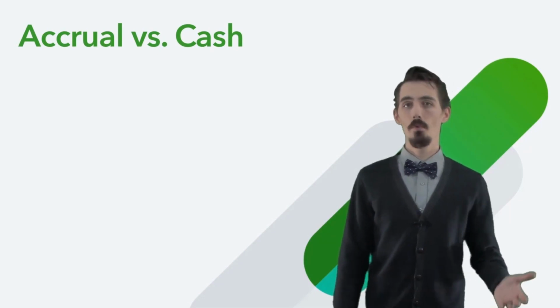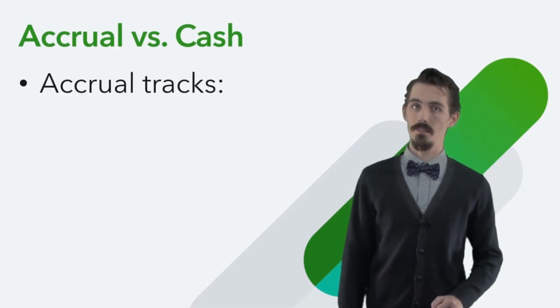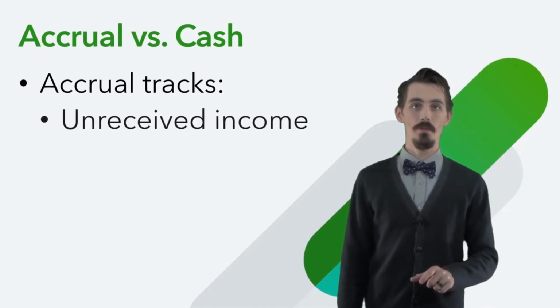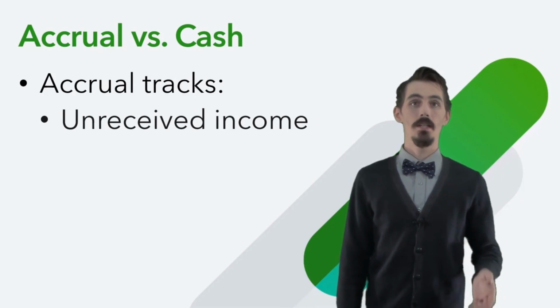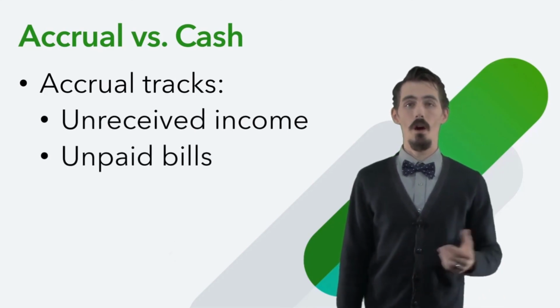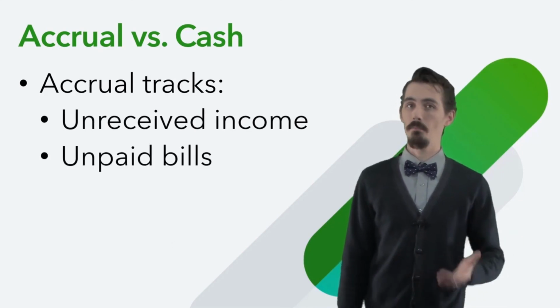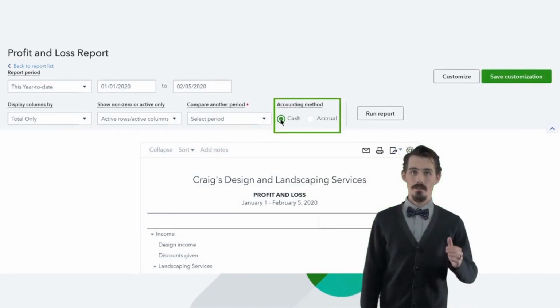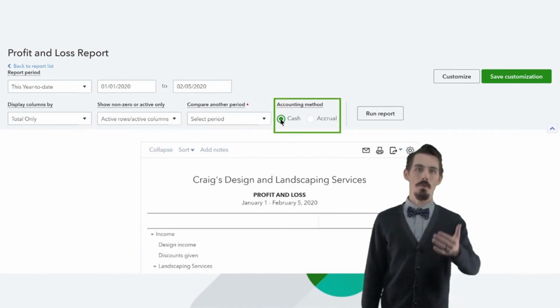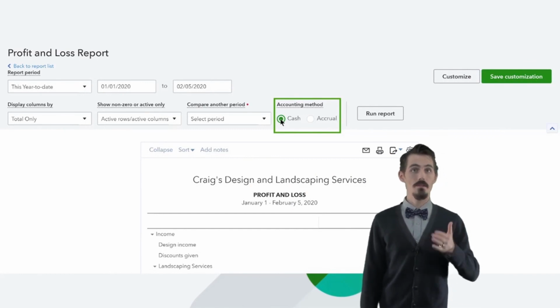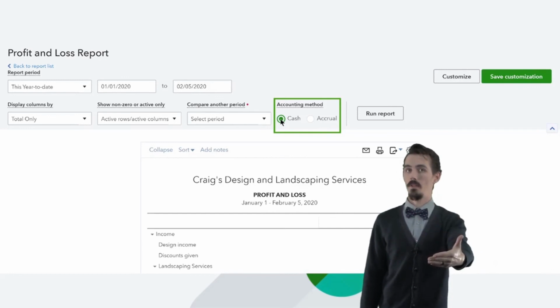By default, QuickBooks runs reports on the accrual basis, which means that invoices show as income whether or not they have been paid. Bills that you owe to vendors also appear even if you haven't paid them yet. To see just the actual dollars, run the report on the cash basis. A cash basis report only shows income when the money's been received, and cost of goods sold or expenses only when that money's been paid out.